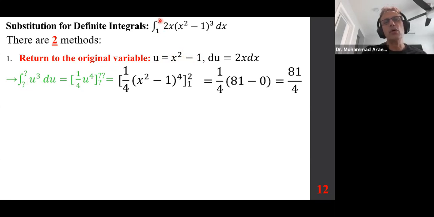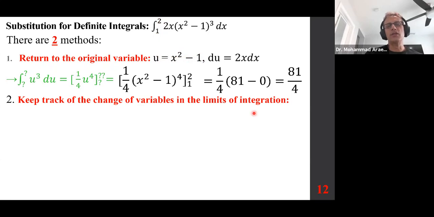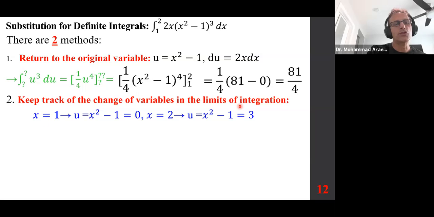If I put the old upper limit 2, 2 squared minus 1 is 3. So the new one is 3. So take a look. Keep track of the change of variables in the limits of integration as follows. So x is 1, the lower limit, put it into the u, and you get 0. X is 2, the upper limit, put it into the u, and you have the new upper limit.